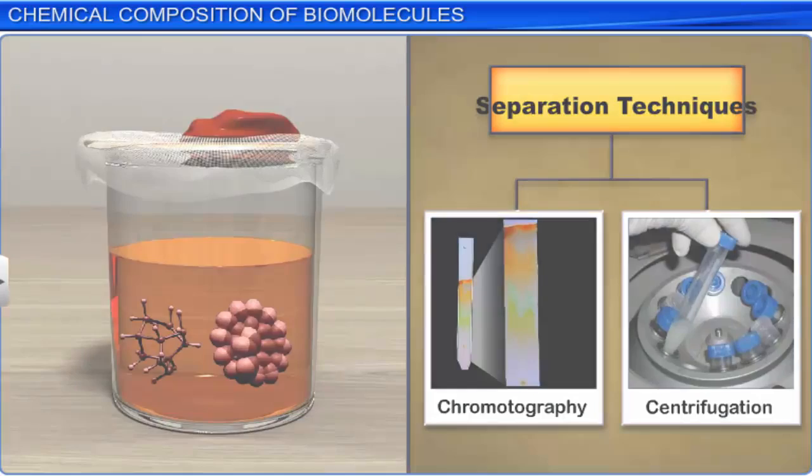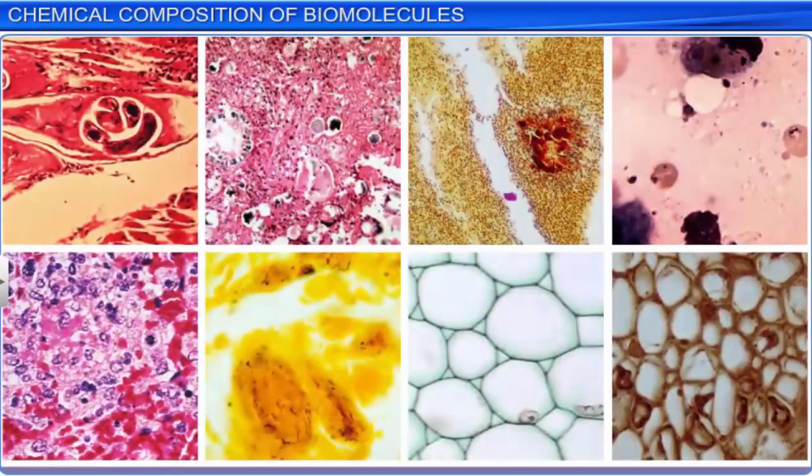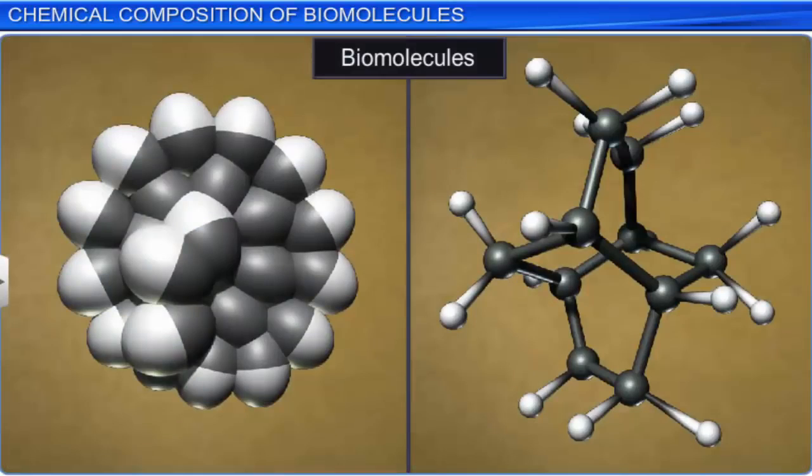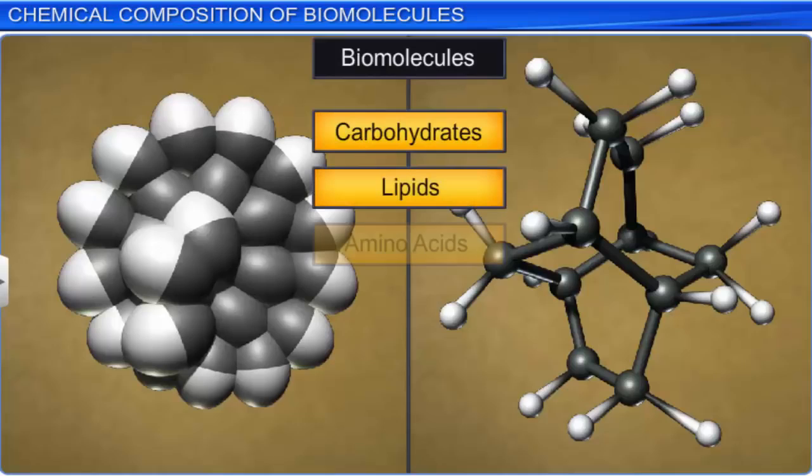Thereafter, various analytical techniques are used to identify the molecular formula and the structure of the compound. All the carbon compounds we derive from living tissues are called biomolecules. For example, carbohydrates, lipids, amino acids, water, and nucleic acids.